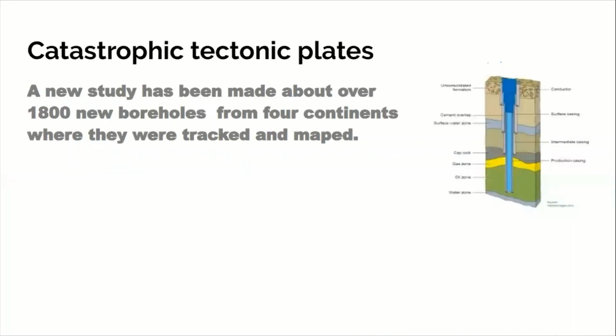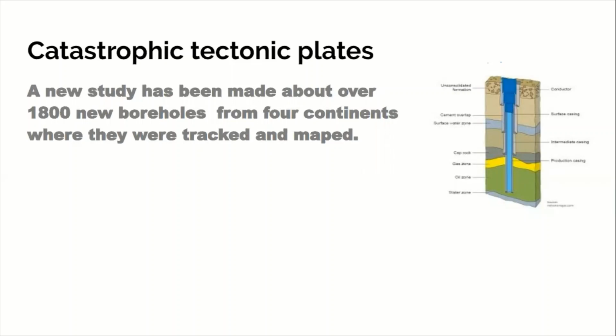The first thing I want to talk about is catastrophic tectonic plates. A new study has been made on over 1,800 new boreholes from 4 different continents. Boreholes are basically holes that cut deep into the different layers of the Earth, and scientists study the material found in them to tell us more about our past and the history of the world and how those layers form.